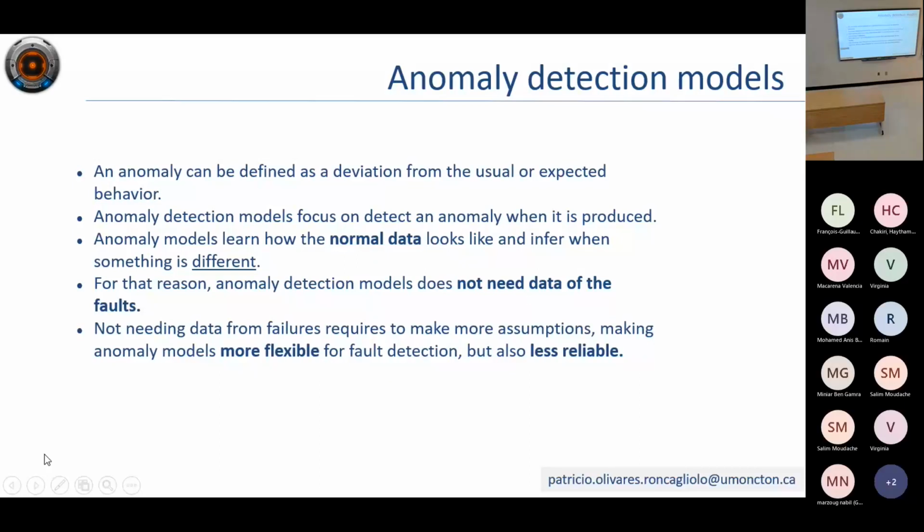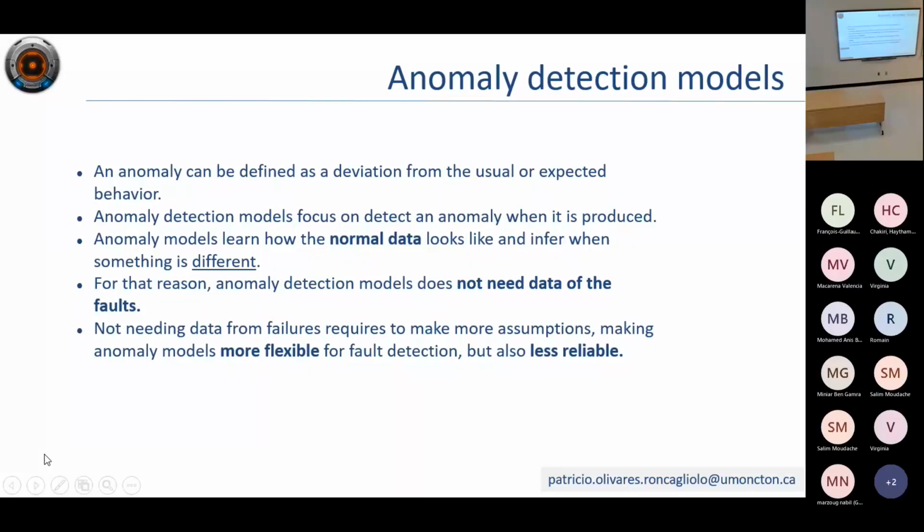Of course, this idea has some advantages and disadvantages. If you don't need error data, that will be amazing because you can detect many different kinds of errors without having data from the errors themselves. But it will be less reliable as well, so you have to be aware of the limitations of anomaly detection. You can think, for example, of a system of components where all the components are color red.